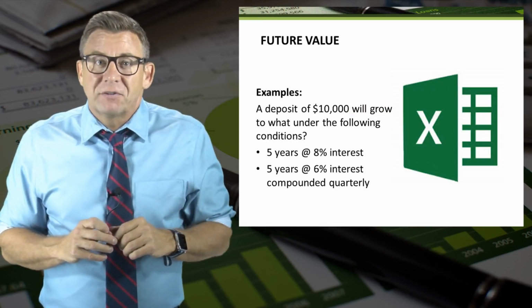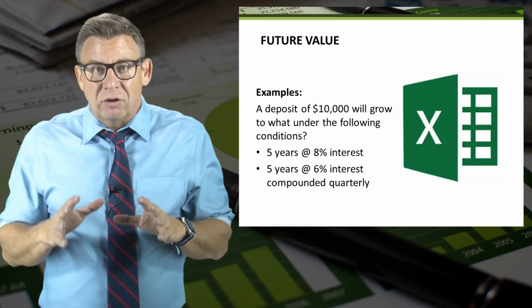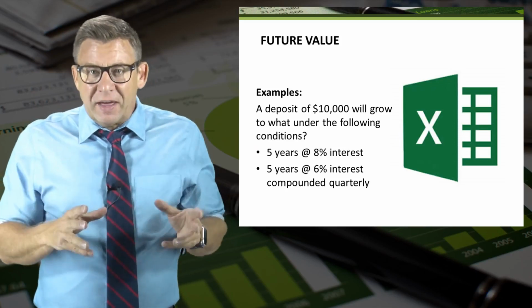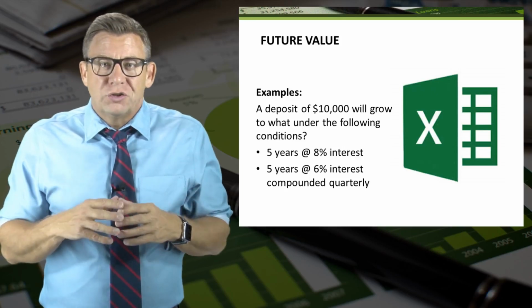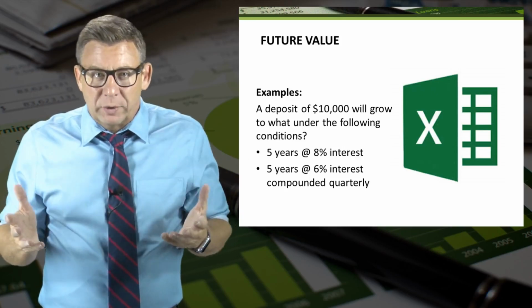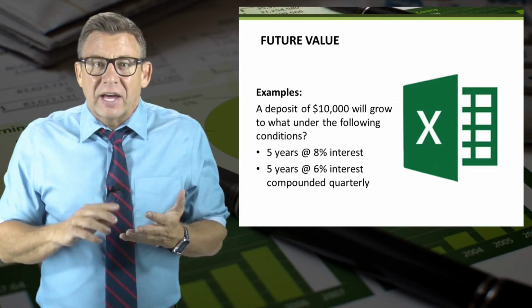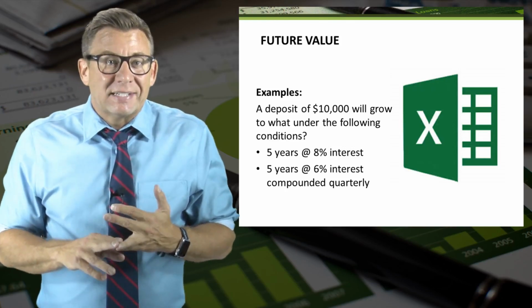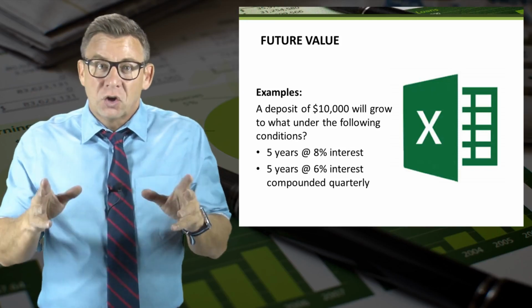So let's look at a couple different scenarios, and I'll show you how to solve them in Excel. For example, a deposit of $10,000 will grow to what amount under the following conditions? Let's look at 5 years at 8% interest and 5 years at 6% interest compounded quarterly.